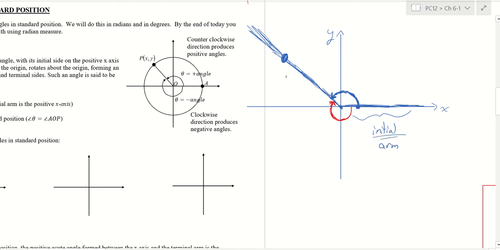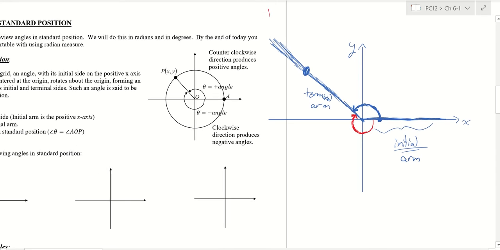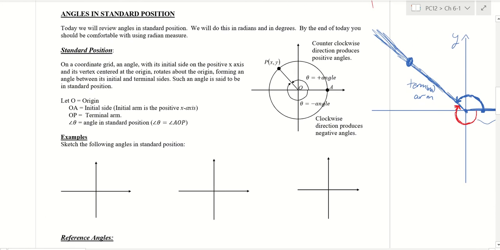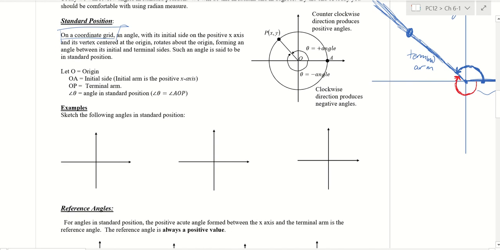So we have an ending point, a terminal arm, and we have a starting point, an initial arm. So hopefully those words are clear and meaningful. And again, angles in standard position are always drawn on a coordinate grid. And this just sort of goes through all of that, and how we get positive angles and how we get negative angles and so on.